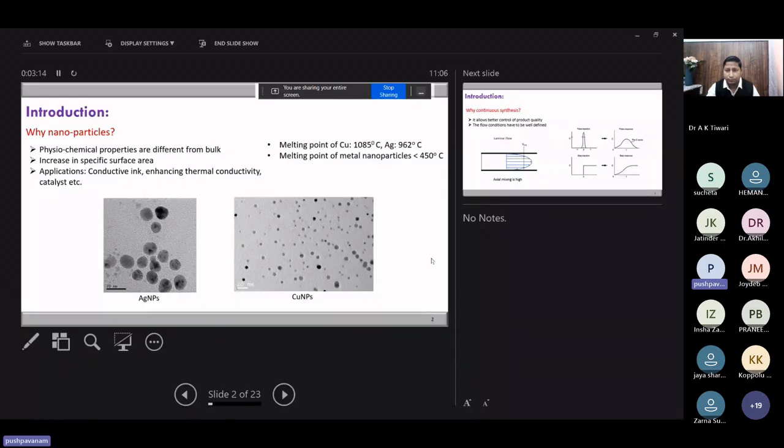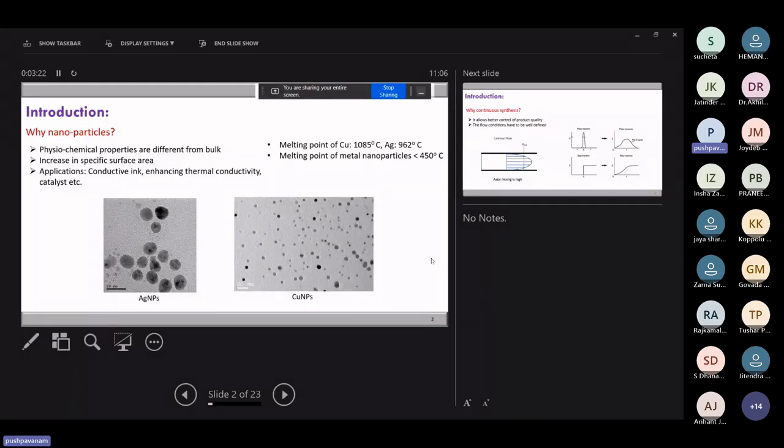And we are interested in metallic nanoparticles because they are used for making things like conductive ink and enhancing thermal conductivity. They can be used as catalysts. So these are applications which we have for silver nanoparticles and copper nanoparticles. We're looking at metallic nanoparticles.